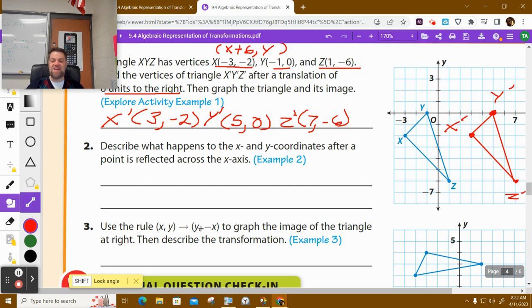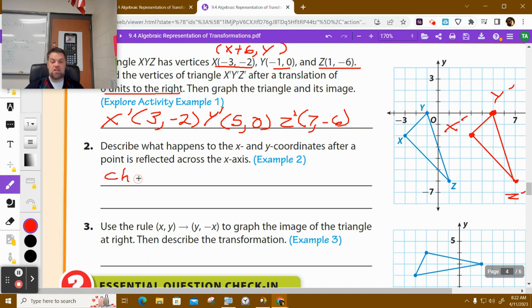Describe what happens to the X and Y coordinates after the point is reflected across the X-axis. Do you guys remember? You change the sign of which coordinate? No. Of the Y coordinate.